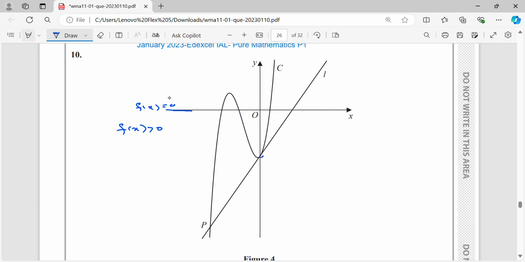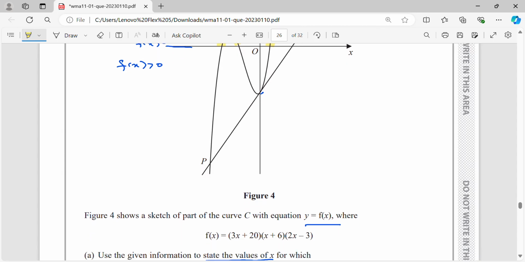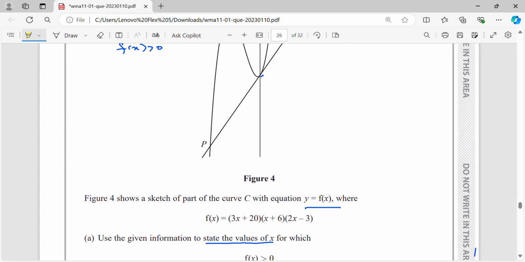So above the line is this part, and what else is above? It's here. Alright, so f of x is (3x plus 20)(x plus 6)(2x minus 3).